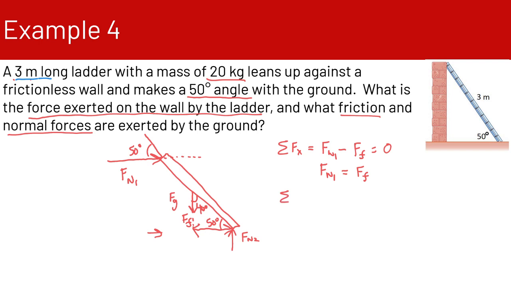All right, let's look at our forces in the y direction. So in the y direction, we have our normal force 2, that's the force of the ground, minus Fg, that's the force of the ladder pulling down, and that's equal to 0. So the normal force of the ground pushing against the ladder is equal to the force of gravity.